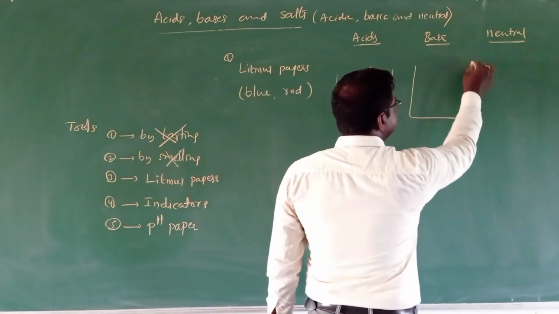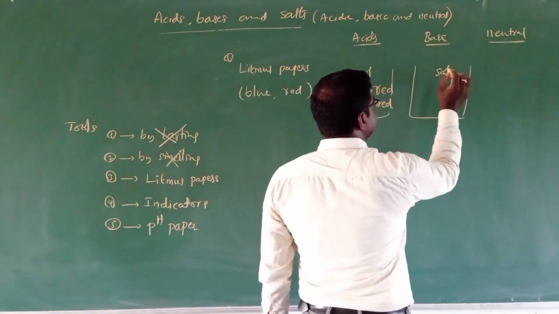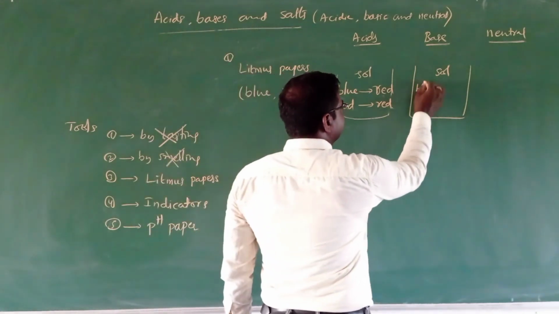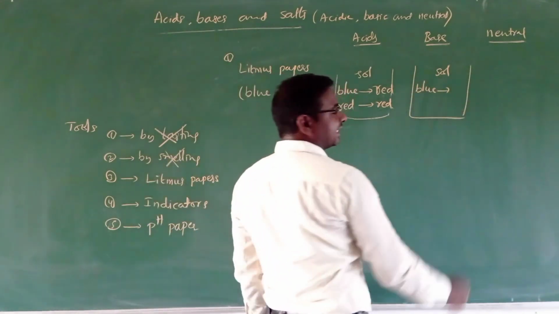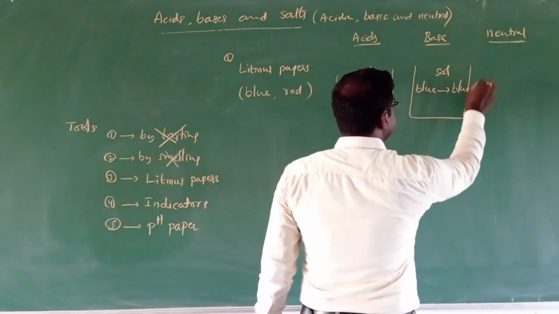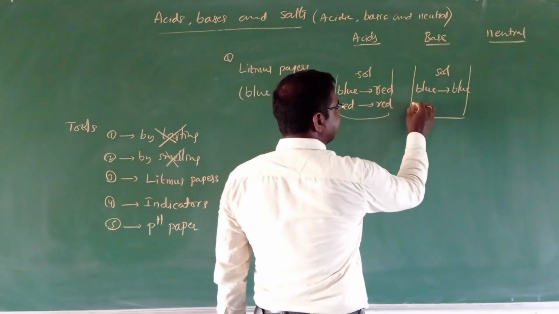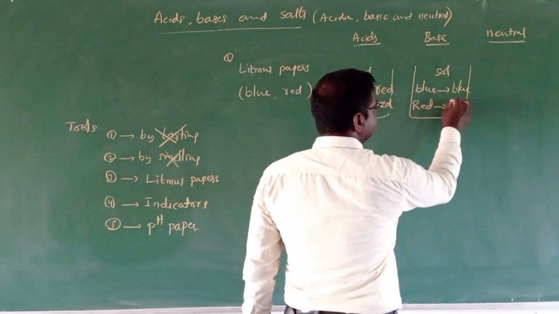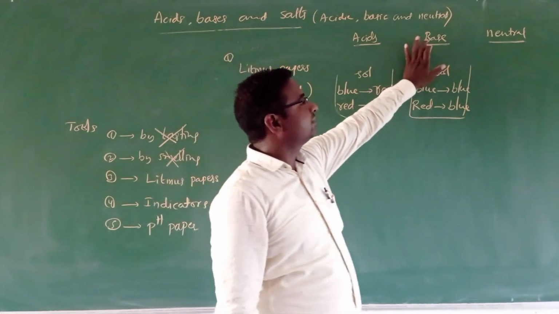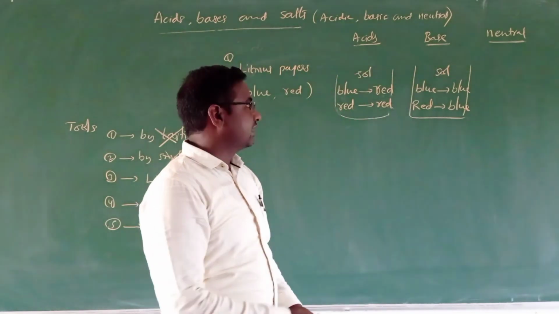Now if it is a basic solution, the blue litmus paper won't change its color, it remains blue only, but red litmus paper turns blue, then that solution has basic nature.